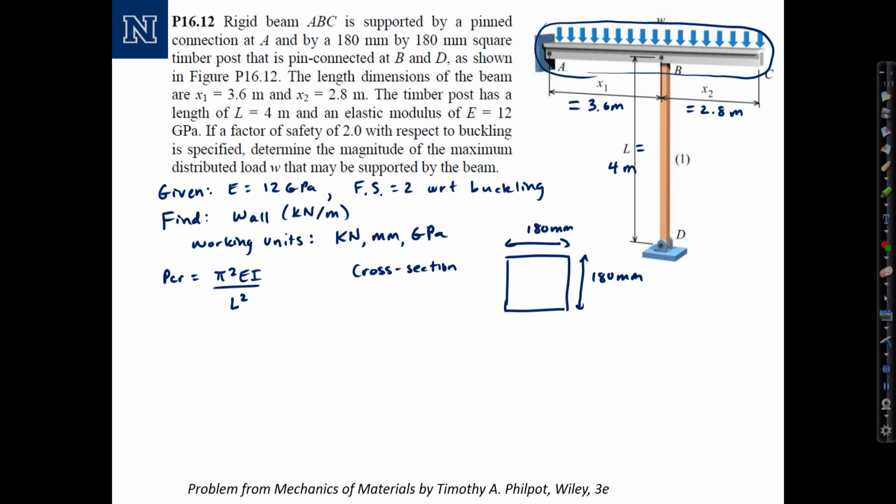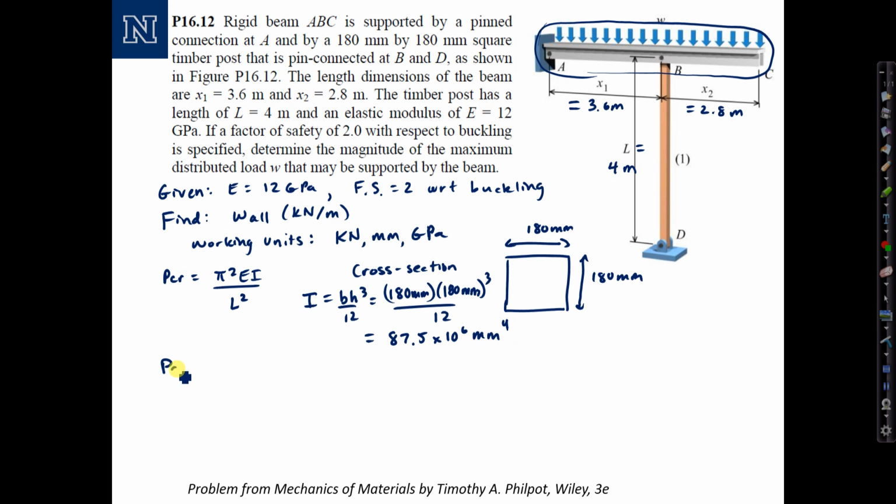And since it's square, the moment of inertia is the same in each direction. So we'll just calculate it as I equals bh cubed over 12, where b and h are both 180 millimeters. 180 times 180 cubed over 12 computes to a fairly large number, which I'm going to write as 87.5 times 10 to the 6th millimeters to the 4th. Not going to carry too many significant digits there.